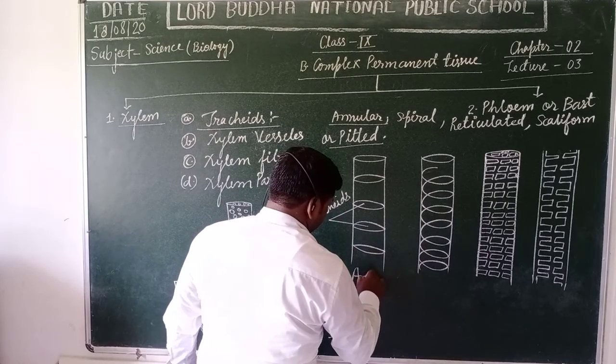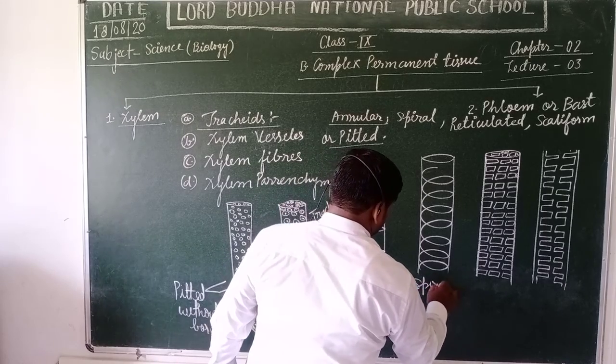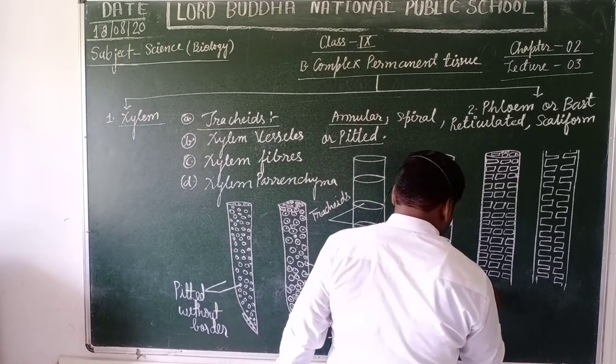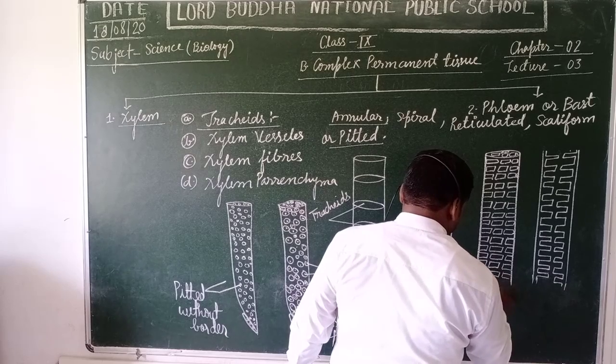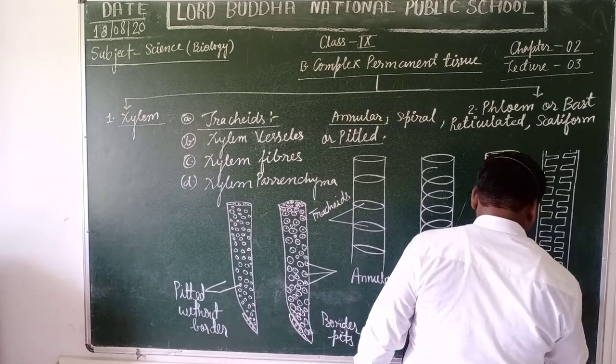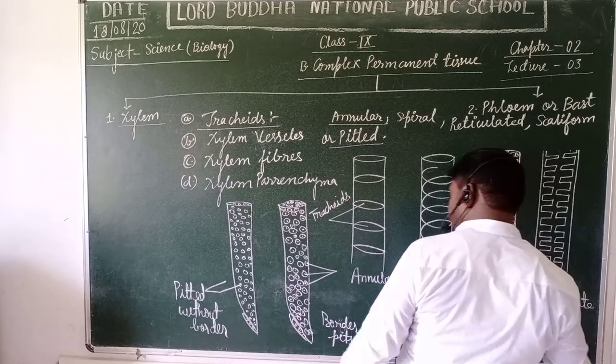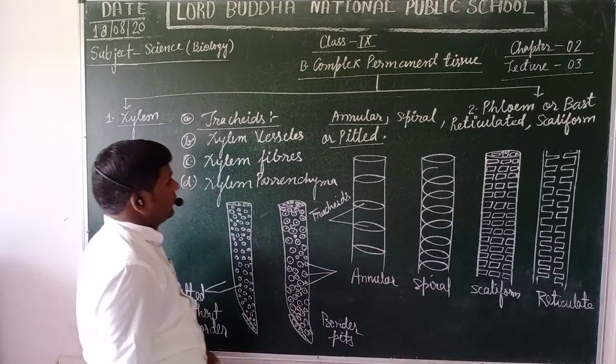This is the annular, spiral, scalariform, reticulate, and these both are bordered.